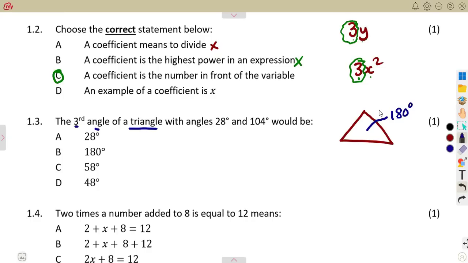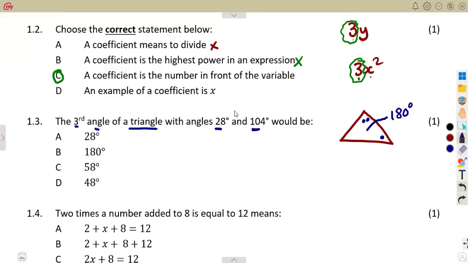Remember from the properties of a triangle. So if they add up to 180 degrees and we are given two angles, how can we find the third one? Like we are given this angle, we are also given this angle, and you want to find the one that is remaining here. How can you find it?